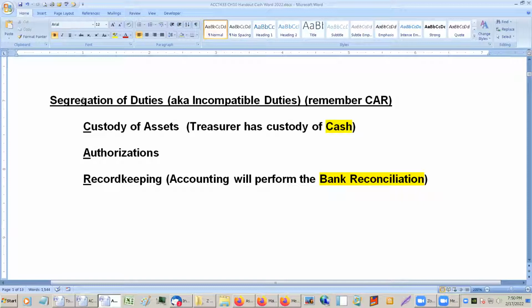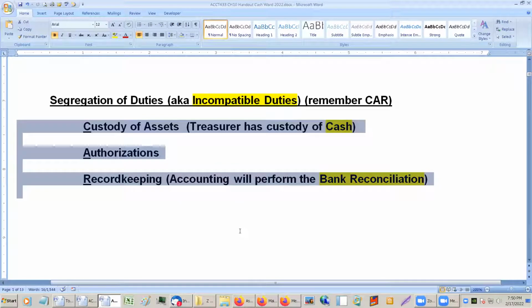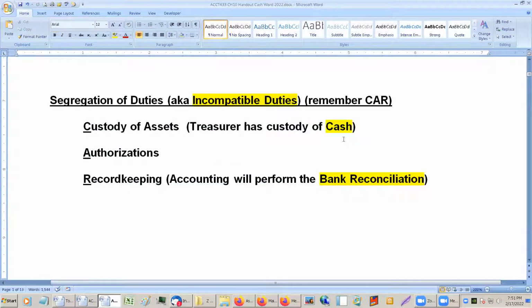So these are under the heading segregation of duties. These are also called incompatible duties, that you shouldn't have overlapping. And almost without exception, this breaks down whenever you have a problem of fraud or something along those lines. Is someone having more than one of these?